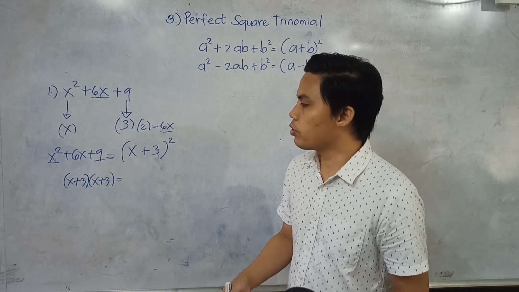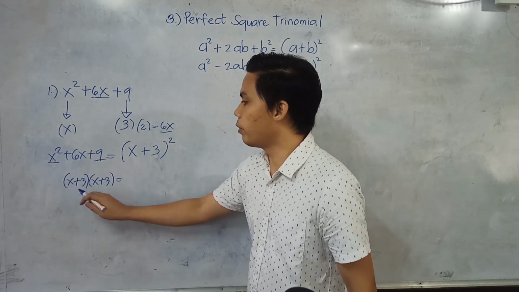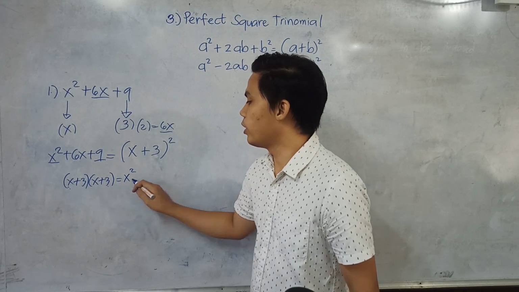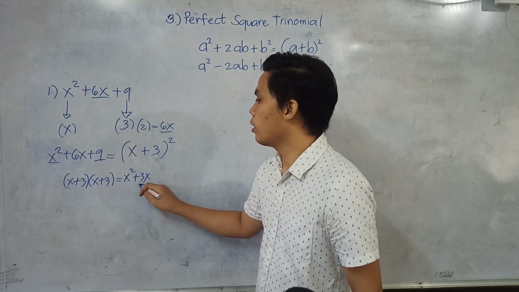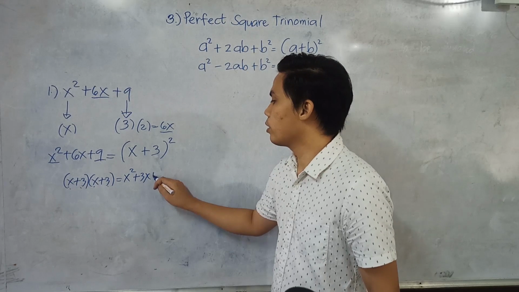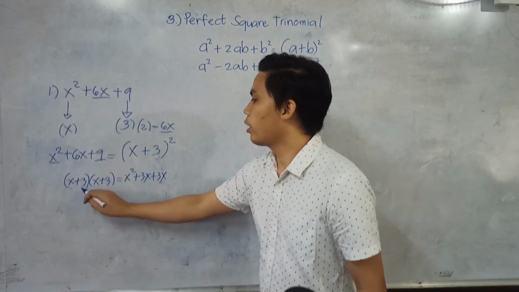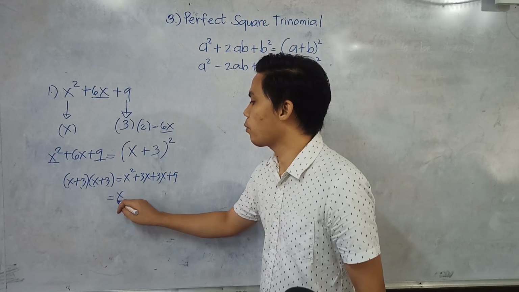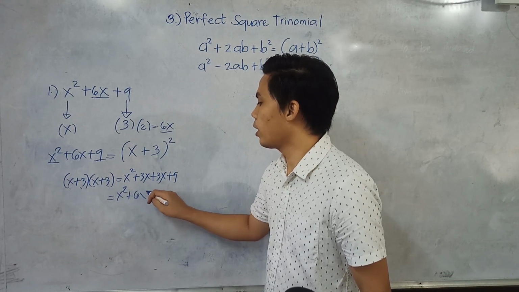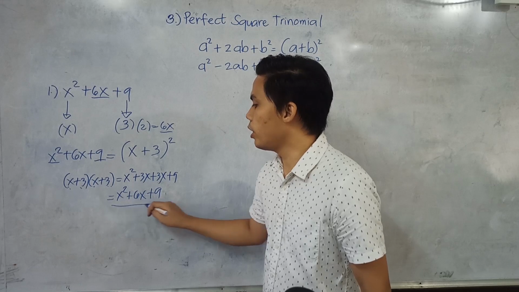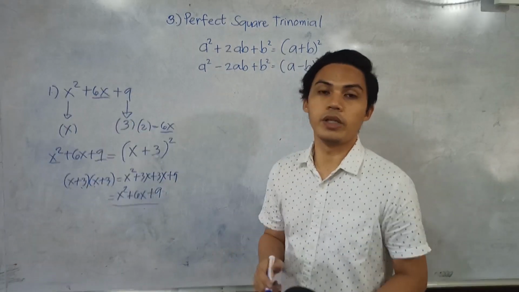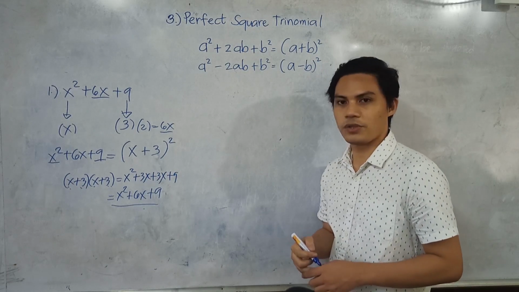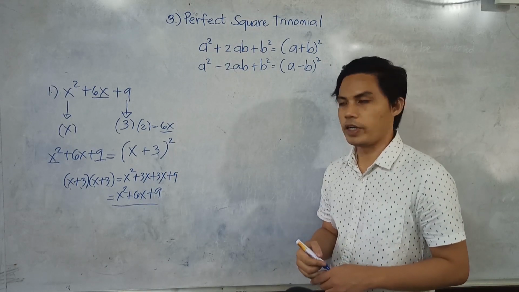So if we're going to use the FOIL method, we have x times x, x squared, x times 3, 3x, 3 times x, 3x, 3 times 3, 9. Simplify further, we have x squared plus 6x plus 9, which is equal to our given. Therefore, yung sagot natin na the quantity x plus 3 quantity squared is also correct.